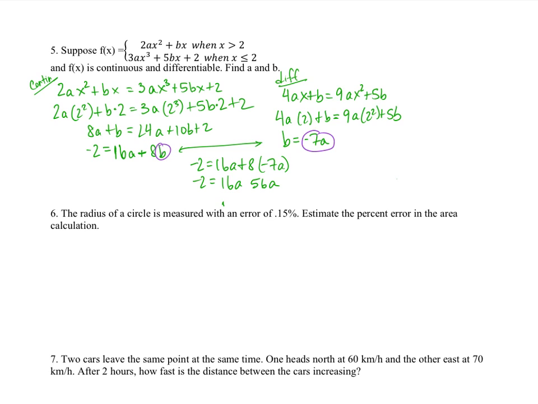So a is going to end up being 1 over 20. Use this and solve for b by plugging it in, and we get b equals negative 7 over 20.